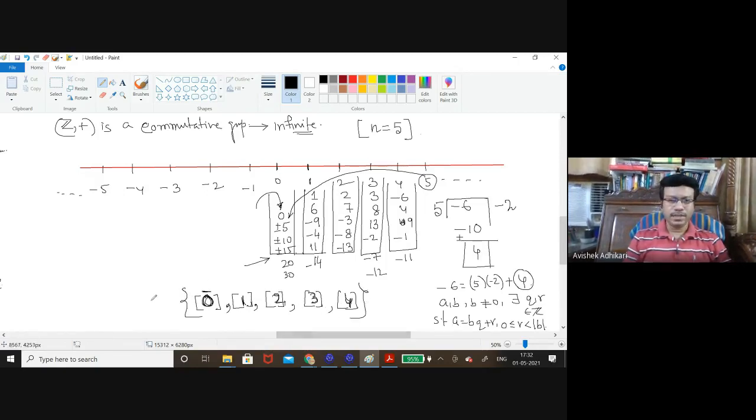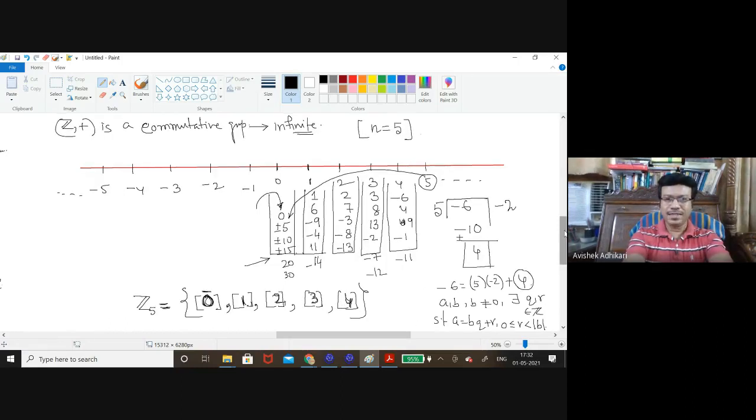And this set is known as addition modulo 5. That means consider Z and then modulo it by 5. Consider all the representatives from each of these buckets and take the collection. So I have a set.